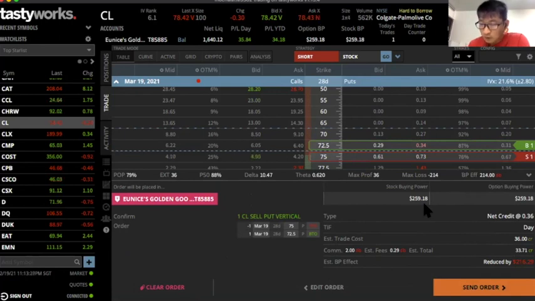So 236 divided by 1/4, this ROI should be about 17% for the next 28 days. I guess this is also a good opportunity we can try, so send this position.